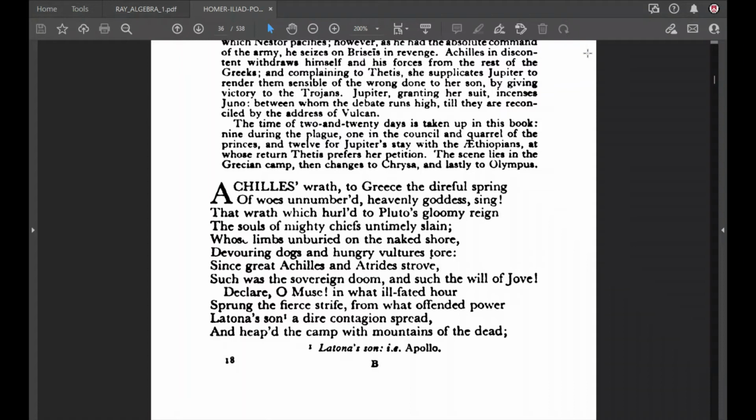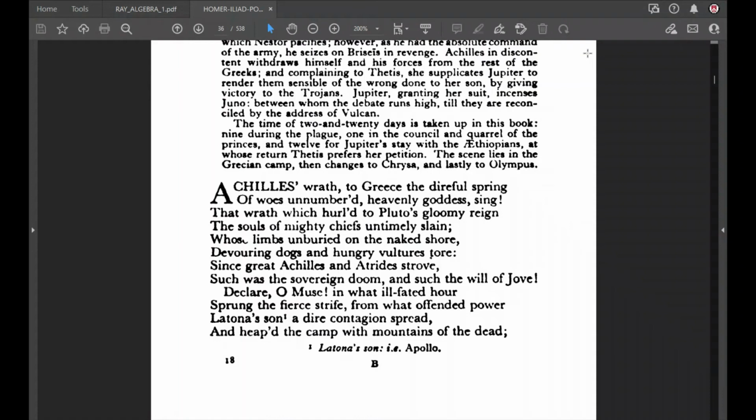And if we ask who this goddess is that he's praying to, it's in the next section. Look down lower. It says, declare, O Muse. You see that? The Muse is the spirit or goddess that he's praying to. In Greek religion, the Muses were believed to be spirits that inspired artists, musicians, poets, and so on.